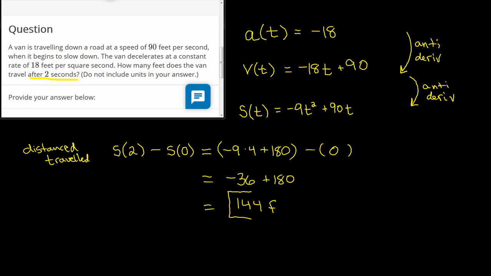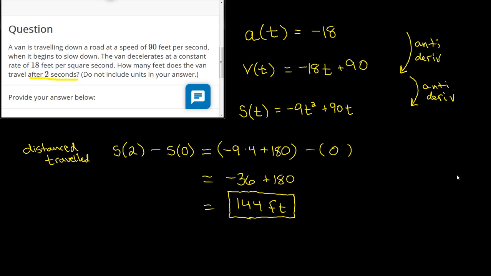I admit I did a bad job of carrying the units through this problem, but we're talking about distance, and everything is measured in feet and in seconds. So our answer should be a distance, and distances in this problem are measured in feet. So that's what we get.